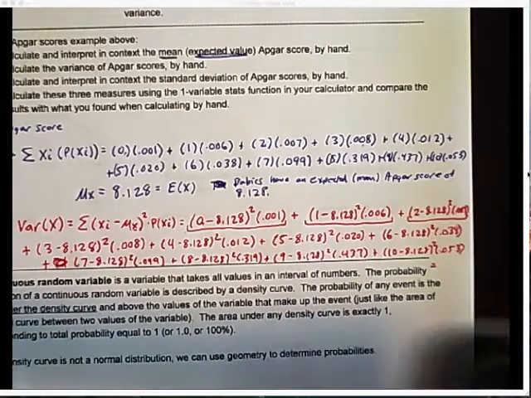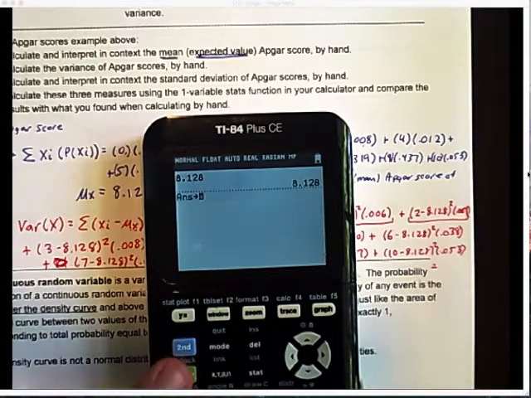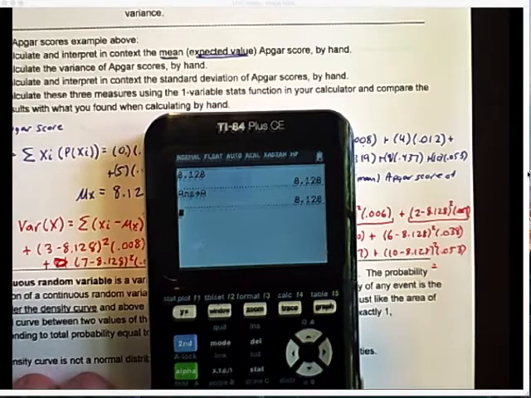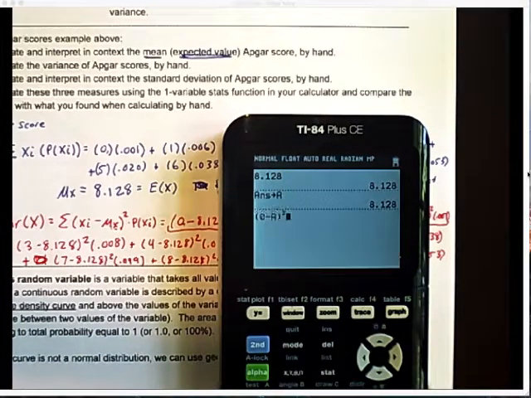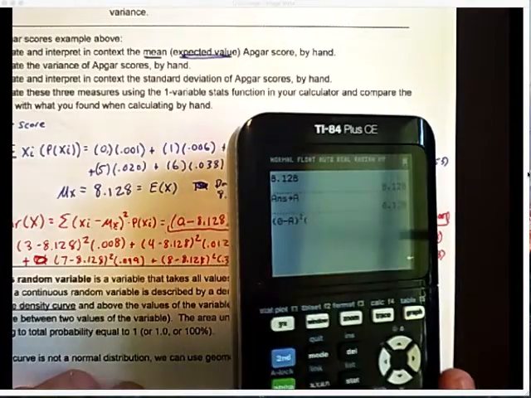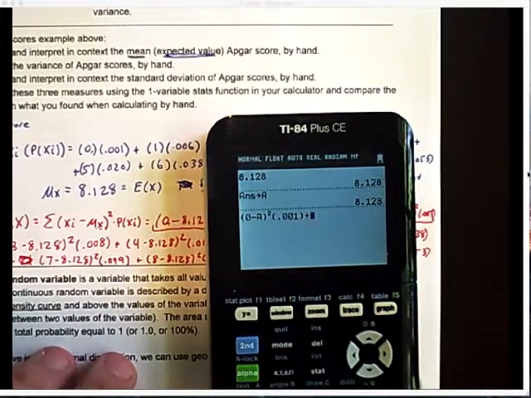I'm just going to do one shortcut real quick. I'm going to put 8.128 there, and I'm just going to store it as A. That'll kind of reduce some of the work I have to do. So like on the first one, I can do 0 minus, but instead of typing in 8.128, I can just go 0 minus A squared, okay, times 0.001. So it's going to save me a couple things, then plus, and I'm just going to keep going.